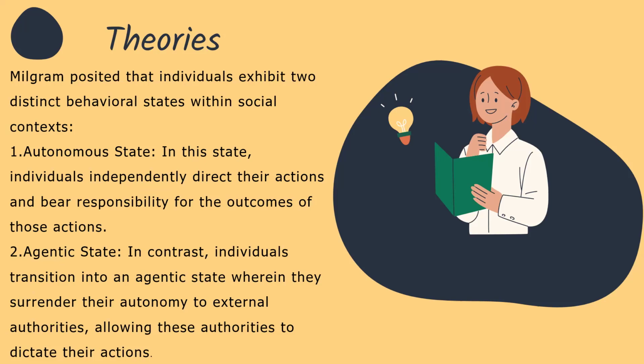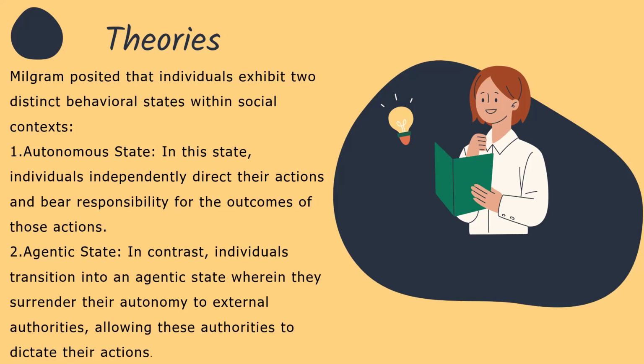And the second one is the agentic state. On the other hand, individuals transition into the agentic state wherein they surrender their autonomy to external authorities, allowing these authorities to dictate their actions. That proved the hypothesis, I think so.